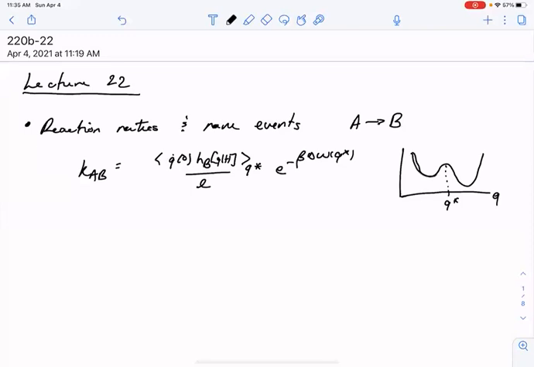And the rate then is the probability that you have a spontaneous fluctuation that brings you to the top of that barrier, times the flux over that barrier, given you end up reacting.